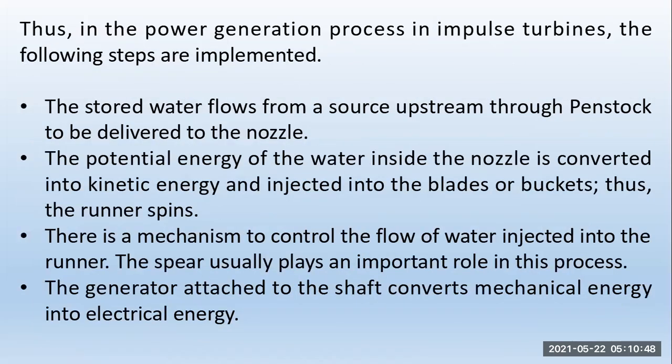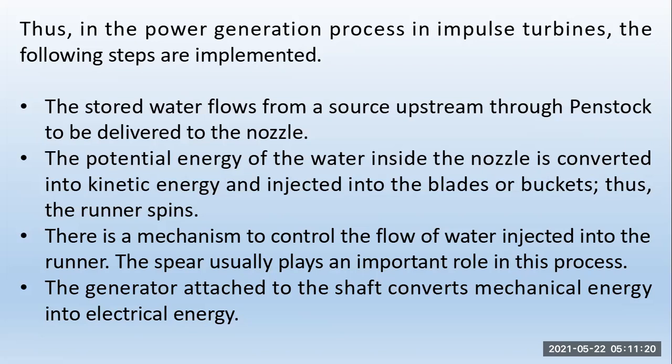Thus, in the power generation process in an impulse turbine, the following steps are implemented. The stored water flows from a source upstream through the penstock to be delivered to the nozzle. The potential energy of the water inside the nozzle is converted into kinetic energy and injected onto the blades or buckets.